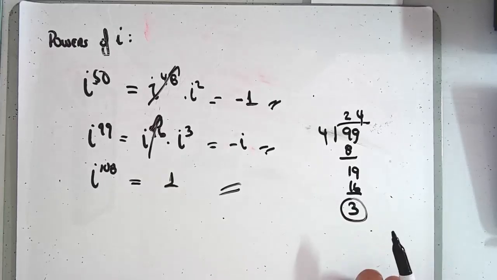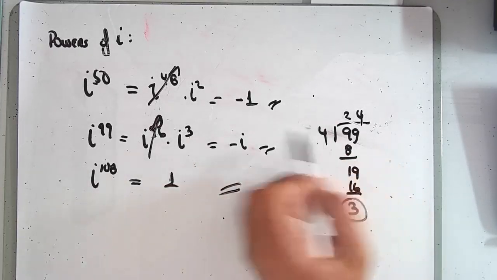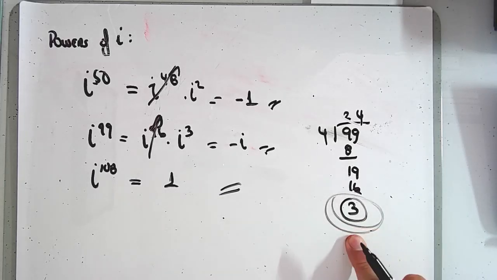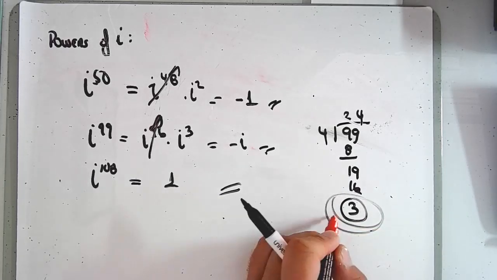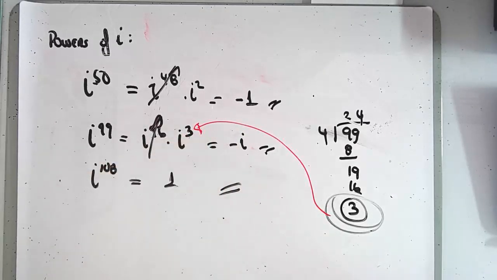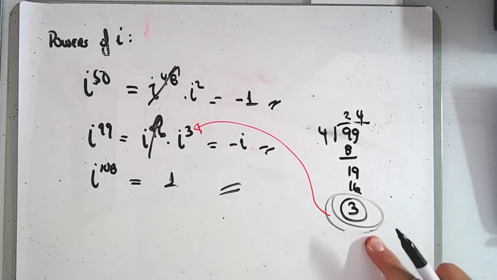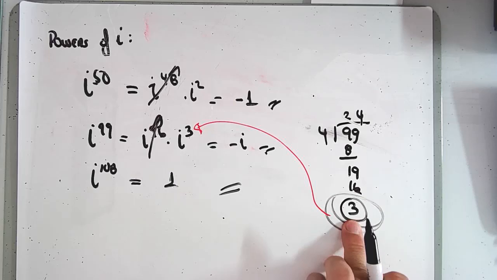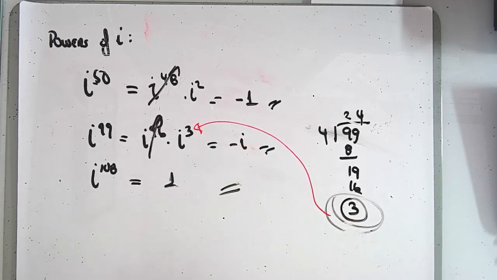The remainder is 3. So I don't really care about the 24. Well, 4 times 24 would be 96. But this is what I care about, the remainder of 3, which is the exponent that I need here. I only look at the remainder, and this is the one that will dictate which of the 4 i's I use. This is i cubed, so this is negative i. Hope this helps.